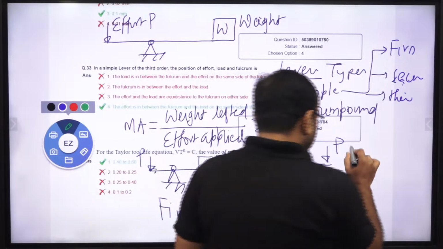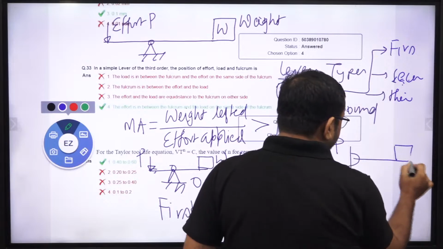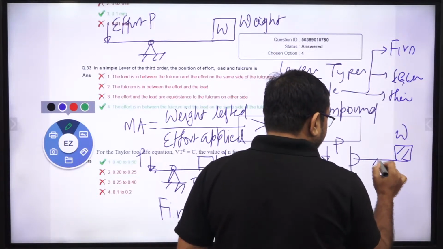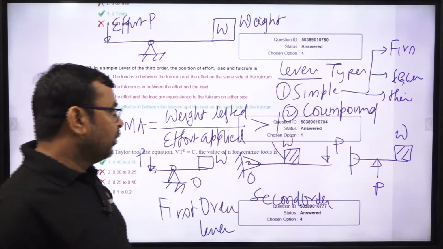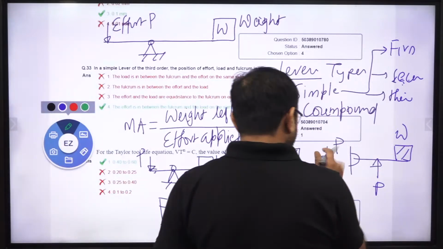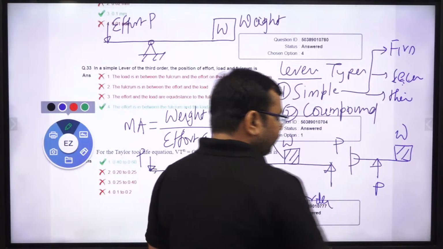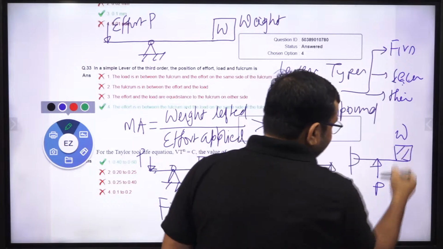And if I talk about a third order lever, in this case the load lifted is here, and the effort applied is here. With the help of this effort P, we lift this weight.